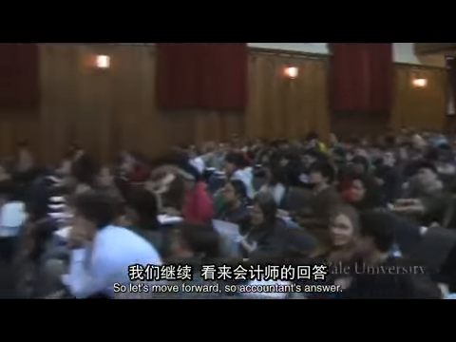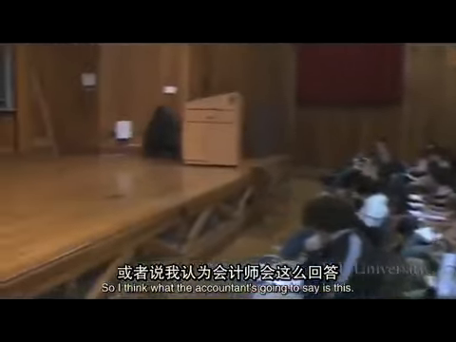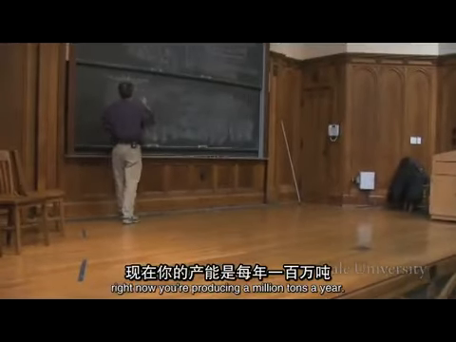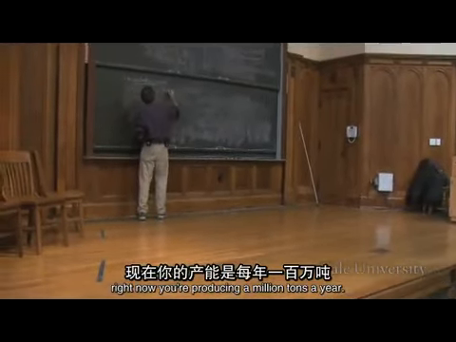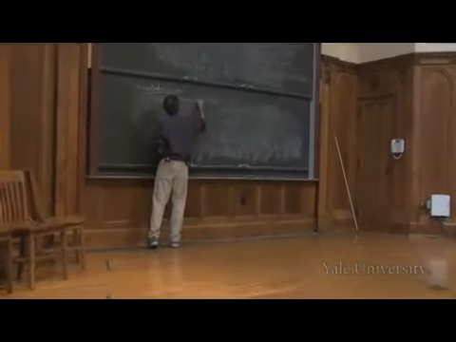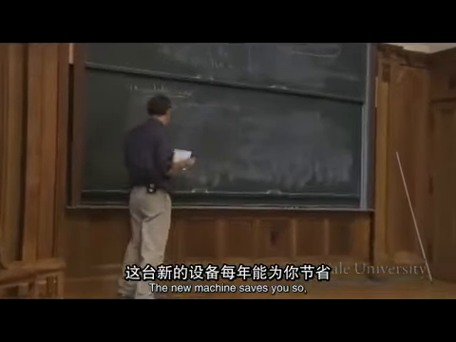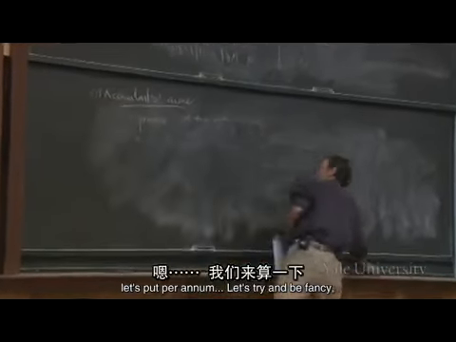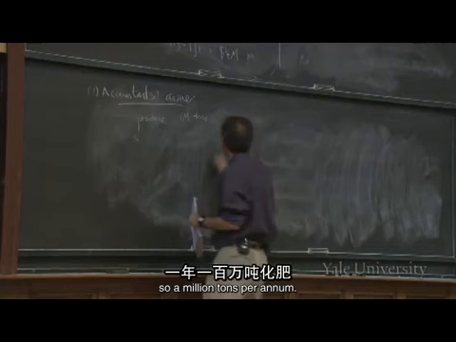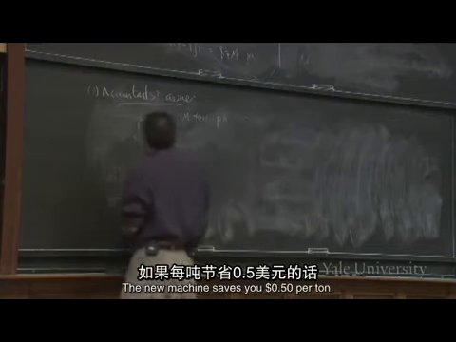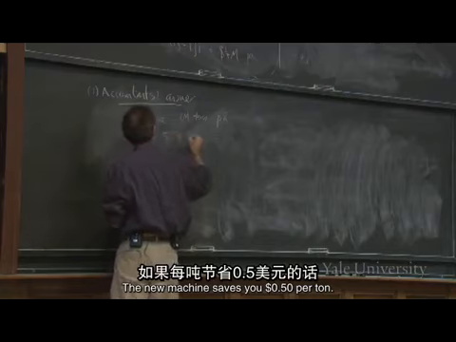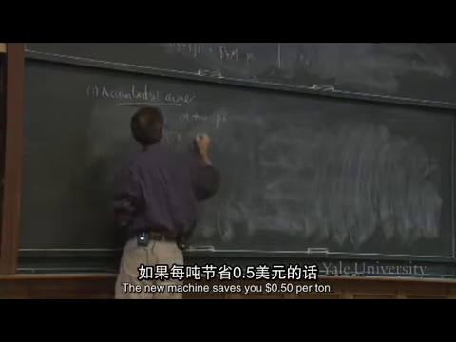So, accountant's answer. I think what the accountant's going to say is this. Right now you're producing 1 million tons a year. Let's put per annum, let's try and be fancy here. So 1 million tons per annum. The new machine saves you 50 cents per ton.